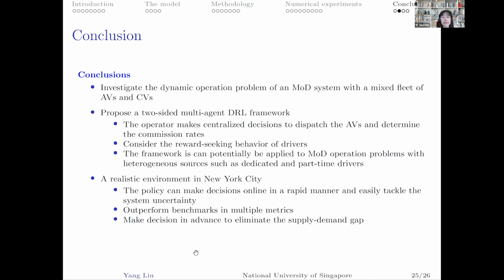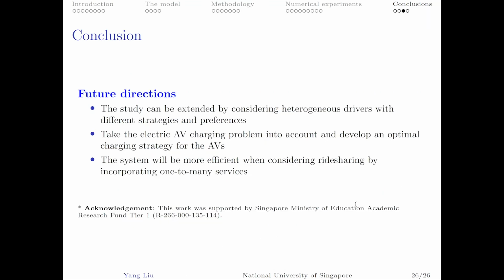Okay, and then the decision has to be made in advance to eliminate the imbalance between the supply and the demand. So for the future direction, we are thinking the study can be extended to consider heterogeneous drivers.